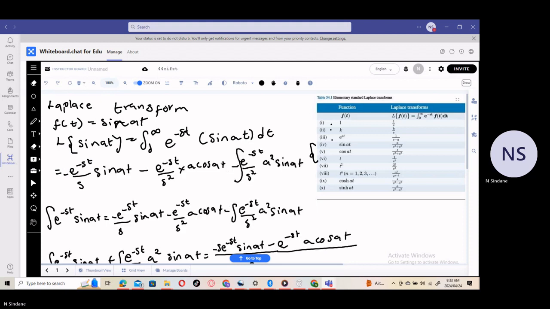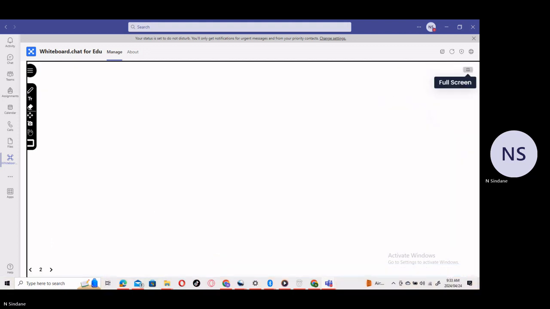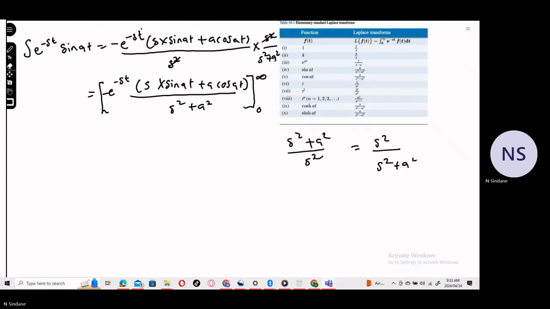Here. I integrated, and this is the solution that you're going to get on the next page. The solution on the next page is the solution for integrating e to the power minus st sine of at, right? But remember, we are given conditions from 0 to infinity, so we can substitute.